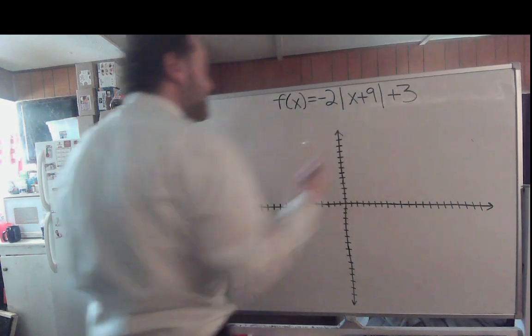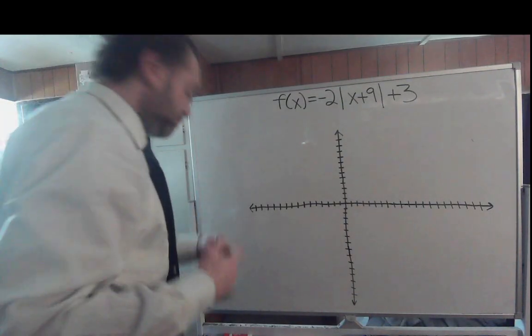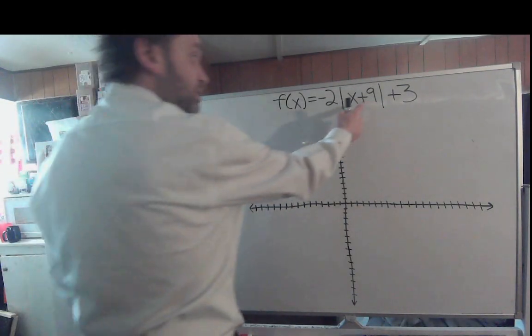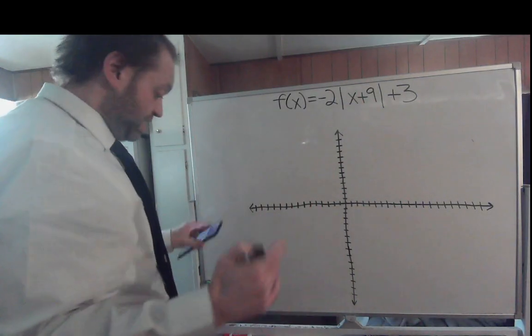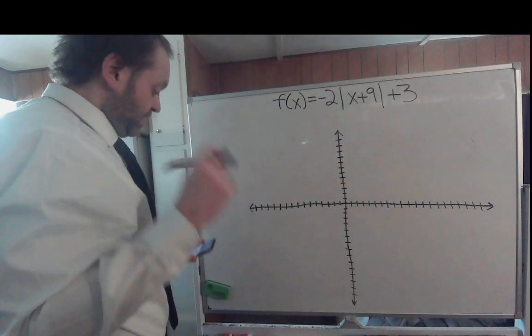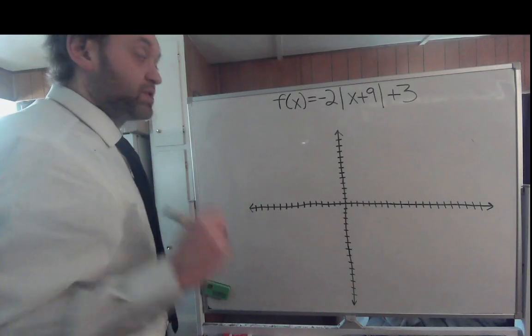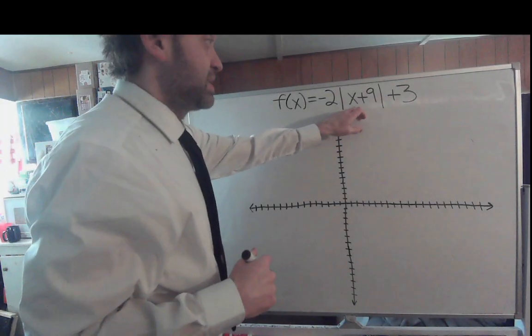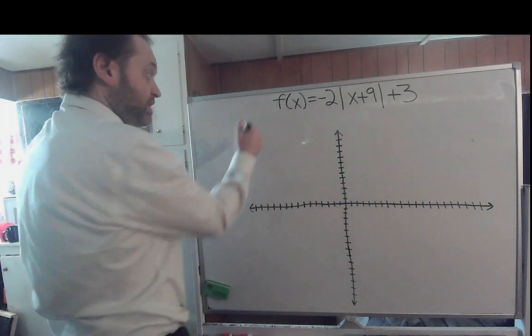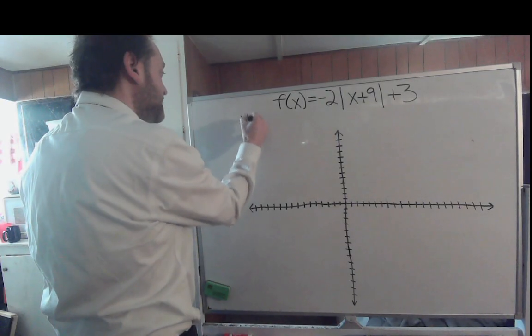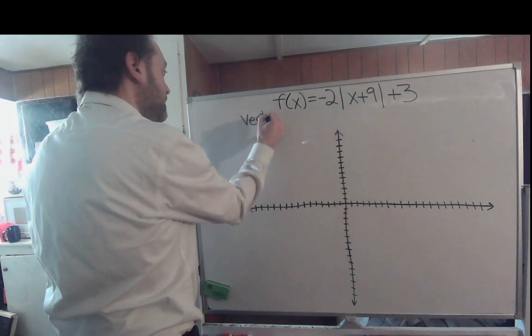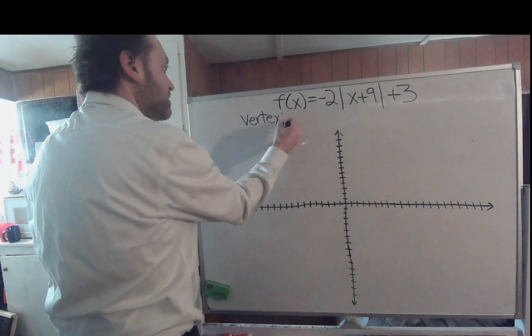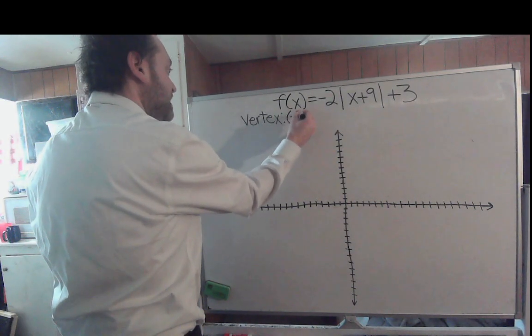All right, so we have f of x equals negative 2 times the absolute value of x plus 9, all that plus 3. First thing again, find your vertex. So ignore that coefficient for a minute. Take that x plus 9, set it equal to 0, you would get x equals negative 9. So the x coordinate of the vertex is at negative 9.